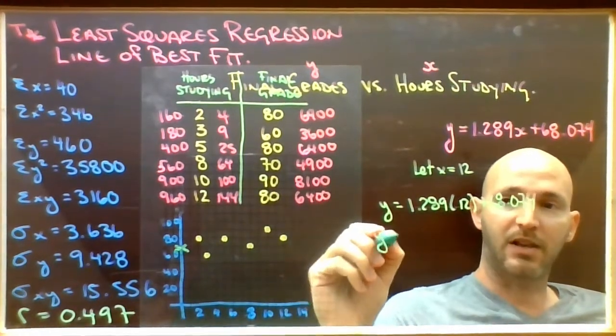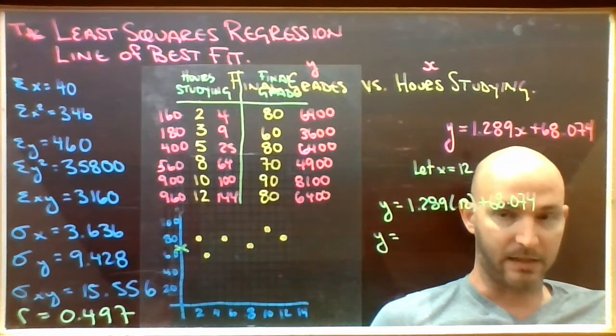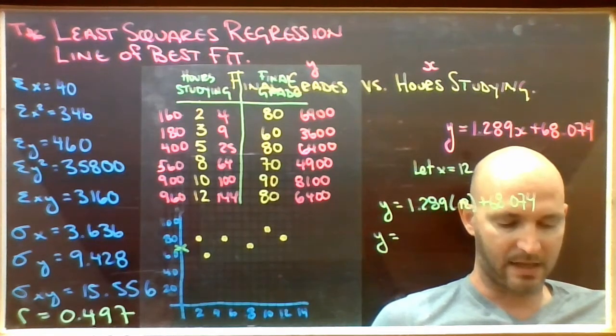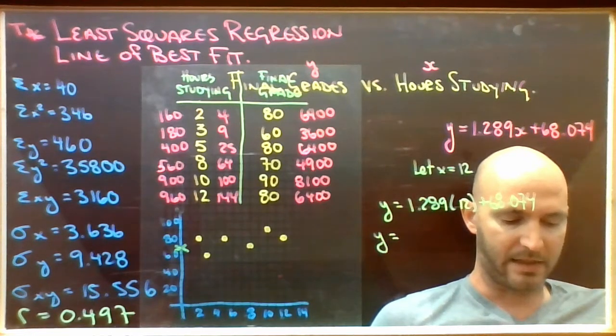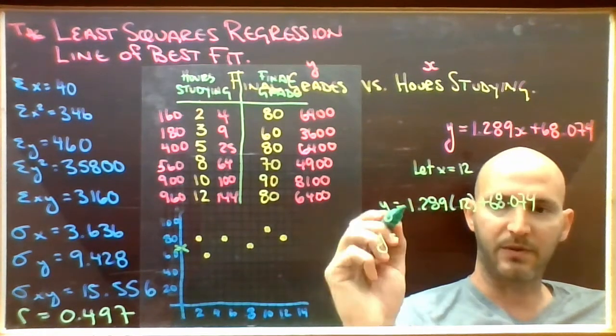So 1.289 times 12 plus 68.074 is 83.542.